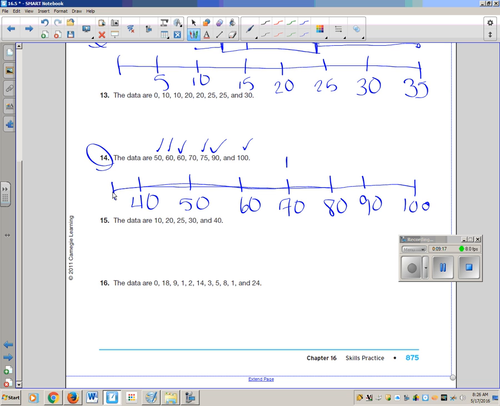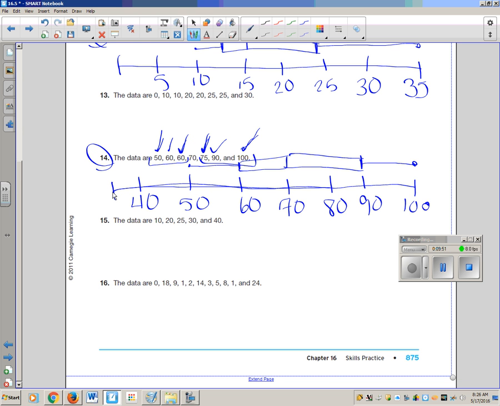So I'm going to draw my line again. And these are also in numerical order, so you're going to do your minimum and maximum. And then you want to find Q1 and Q3. Q1 is 60, so you're going to draw another line right there and connect the line. Then you're going to find quadrant 3, which is 90. So you're going to draw another line, connect them, and there you go.